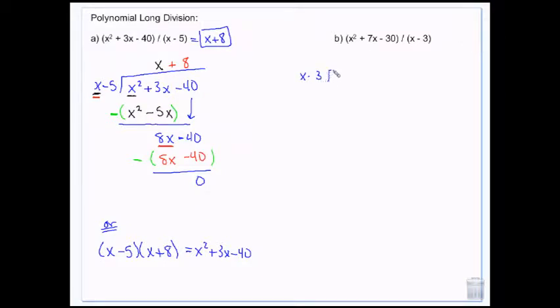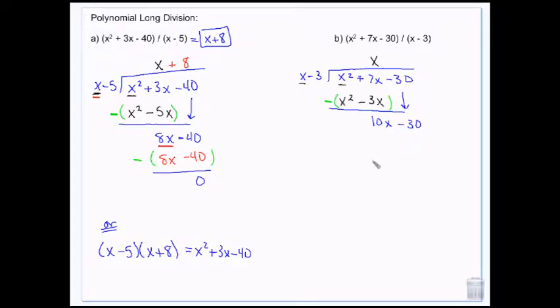I'll do x minus 3 into x squared plus 7x minus 30. So again, I look at the x and the x squared. x times x is equal to x squared, so I'm going to multiply that, and I'll get x squared minus 3x. If I subtract it, x squared minus x squared is 0. 7 plus 3x is 10x.